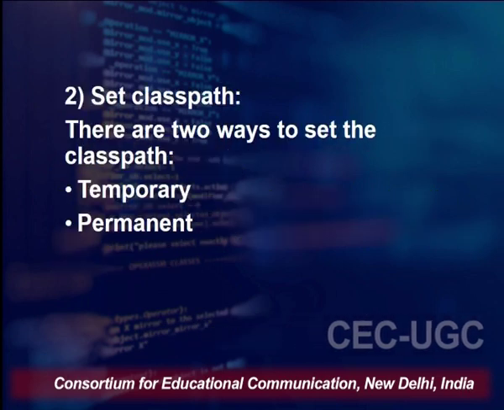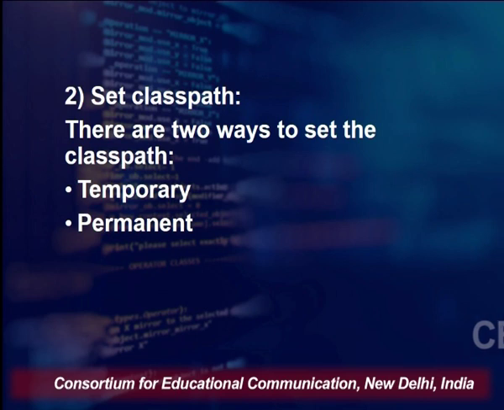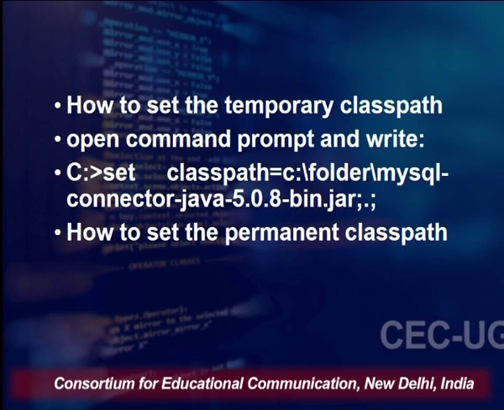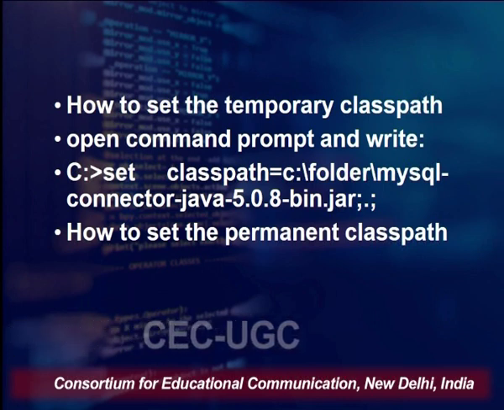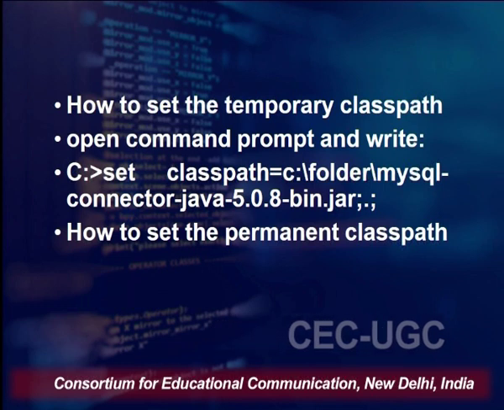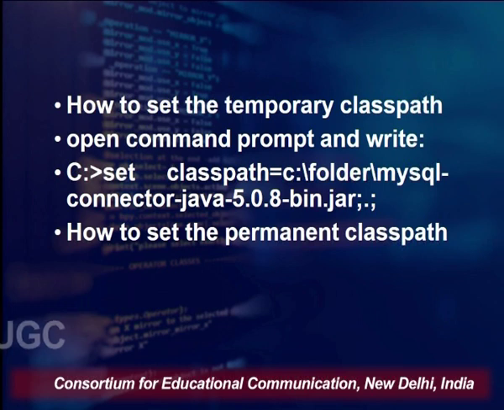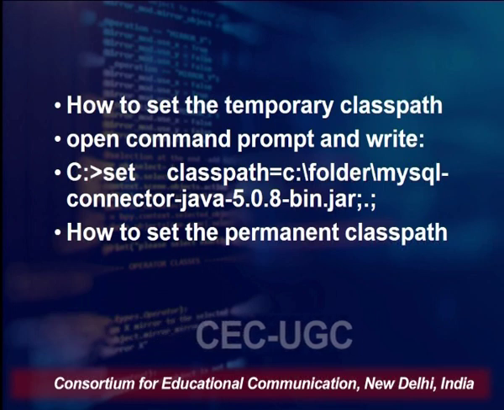In order to set the class path, as I have told you, one way is temporary, another one is permanent. To set the temporary class path, we go to the command prompt and write set classpath equals to, and give the whole path of the MySQL Connector.jar, wherever it is stored.